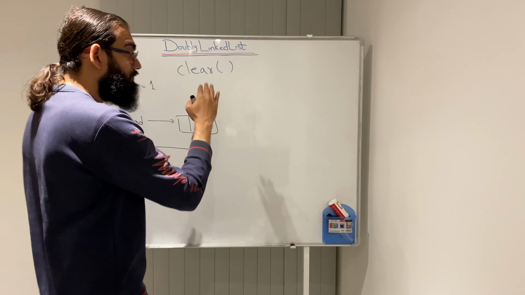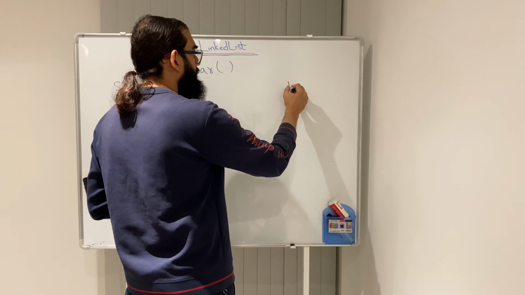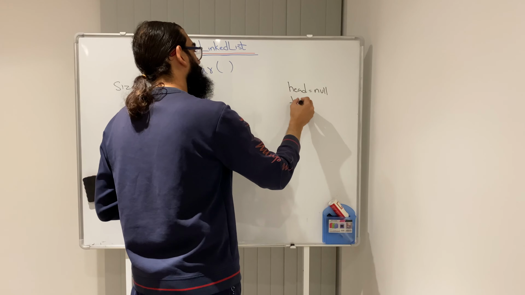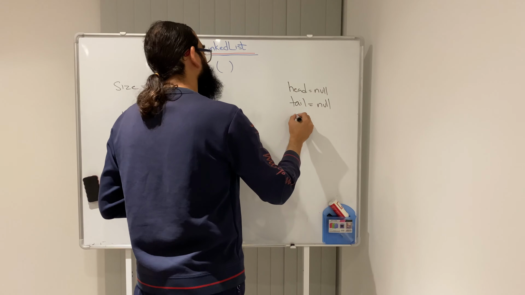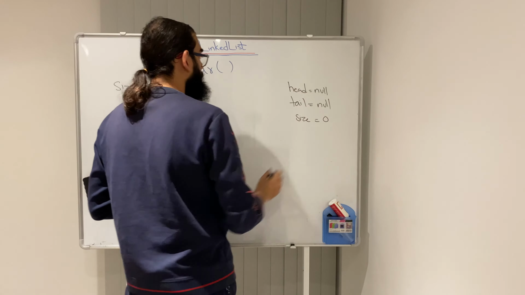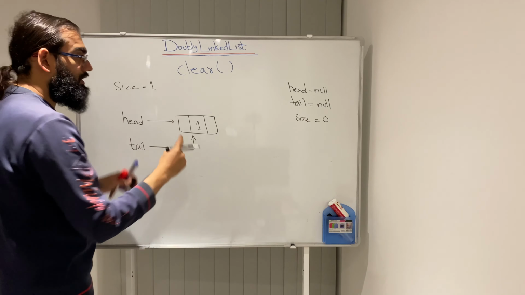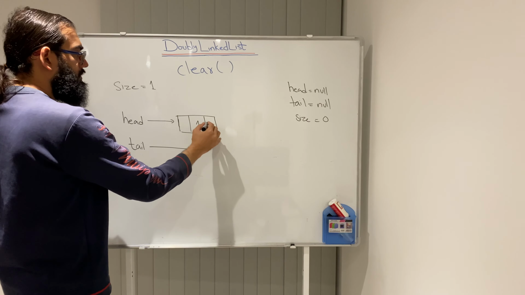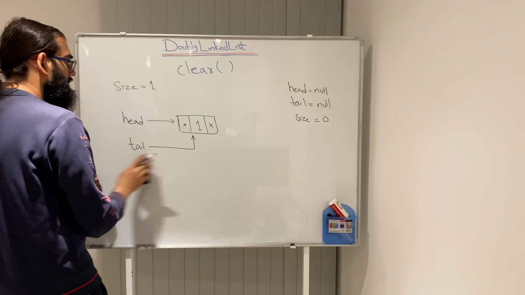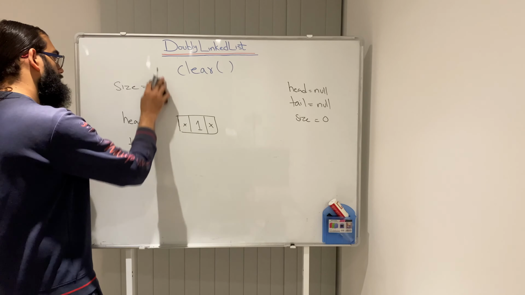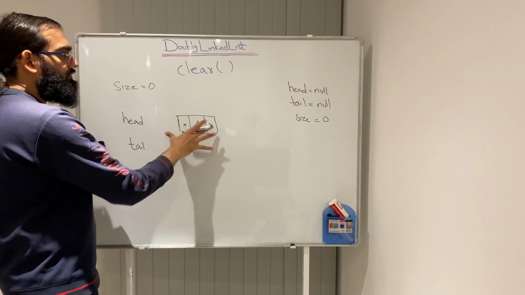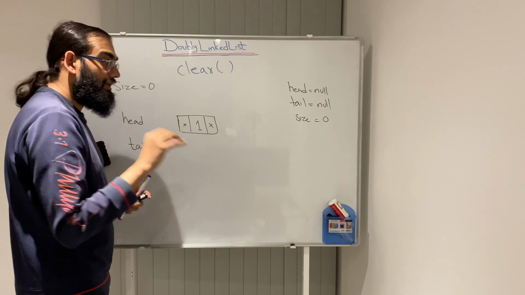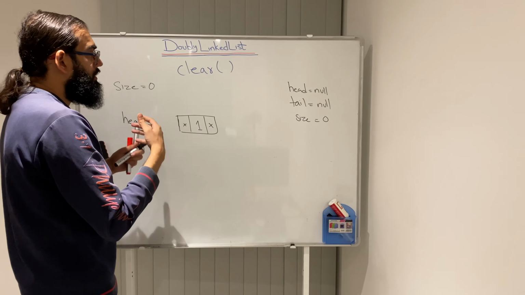And if I write in my clear method head equal to null, tail is equal to null, size is equal to 0, only in this case when we have one node, everything will work, because currently next node and previous node are null. So once I do this, it's 0 and it's ready for the GC, garbage collection. So we are done. That is a big O of 1 operation, but that is a special case.